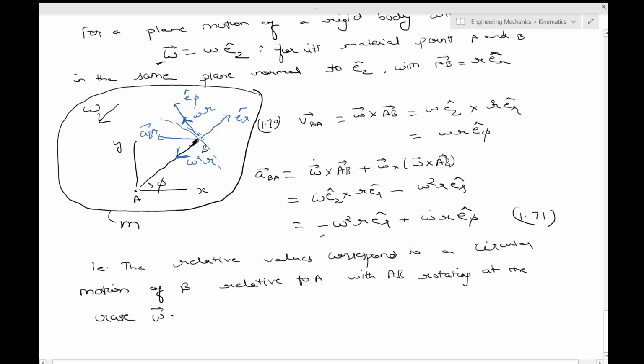Okay, fine. So you can physically now interpret how the acceleration of BA looks like.